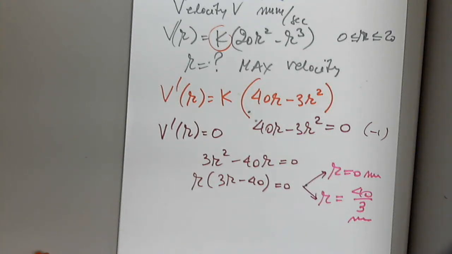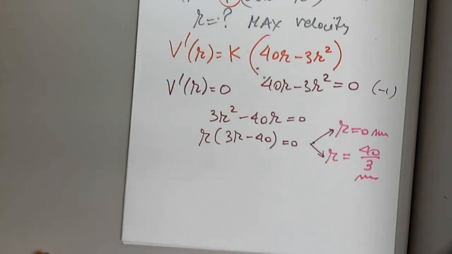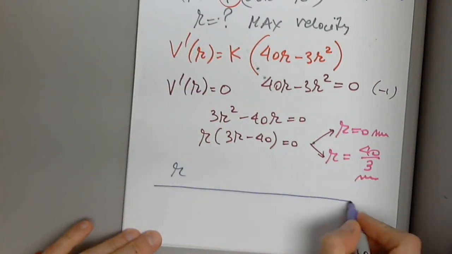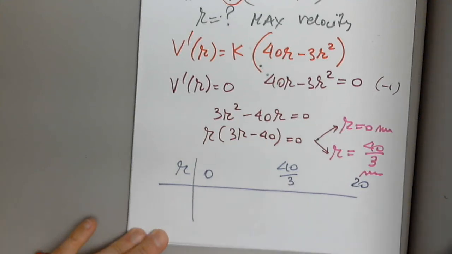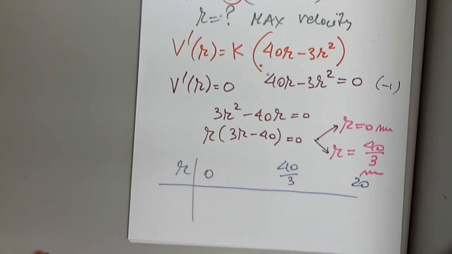So now I'm saying both give a minimum. I'm saying both give a maximum. I'm saying whatever. I have to prove it. Whatever I'm saying, I have to prove it. And here's how I prove it. r: 0, and 40 over 3, and then 20, because that's what r is, anywhere between 0 and 20.